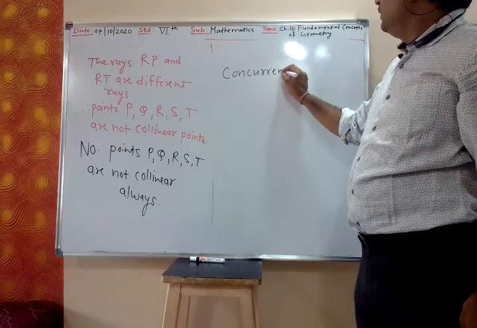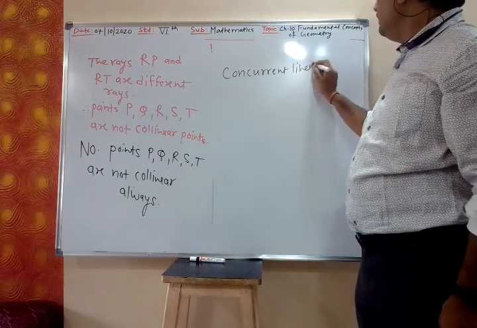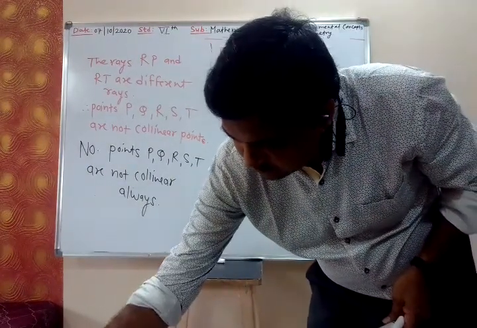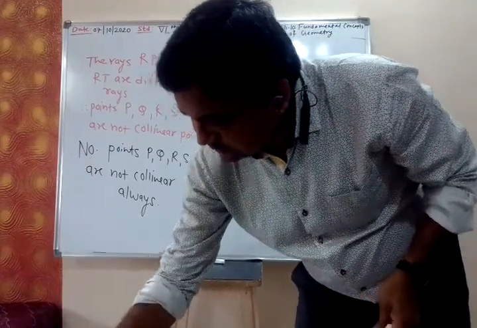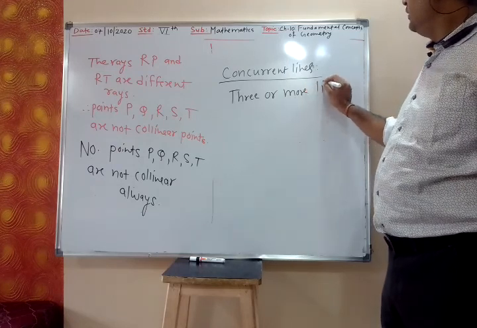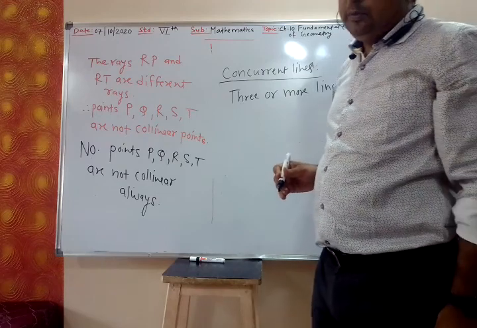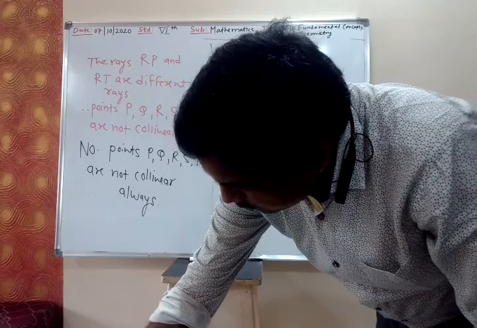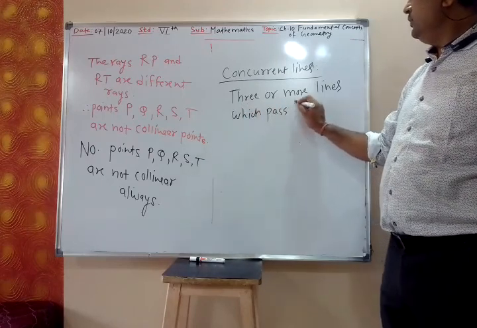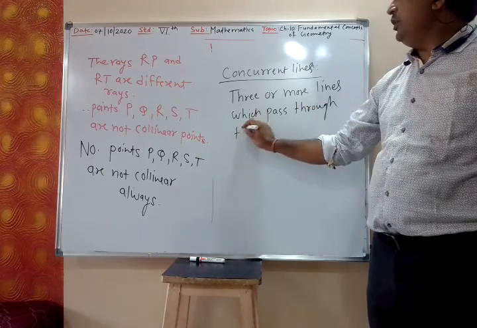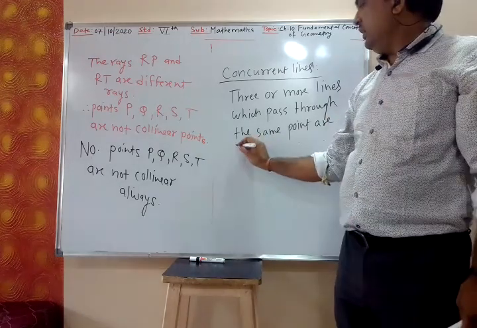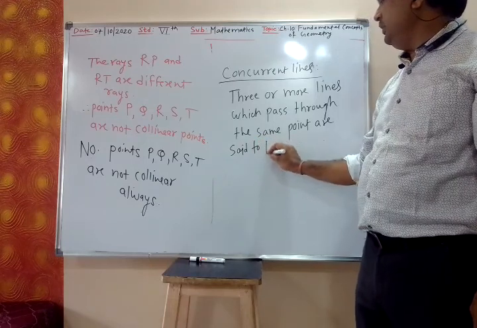Concurrent lines: three or more lines which pass through the same point are said to be concurrent lines.